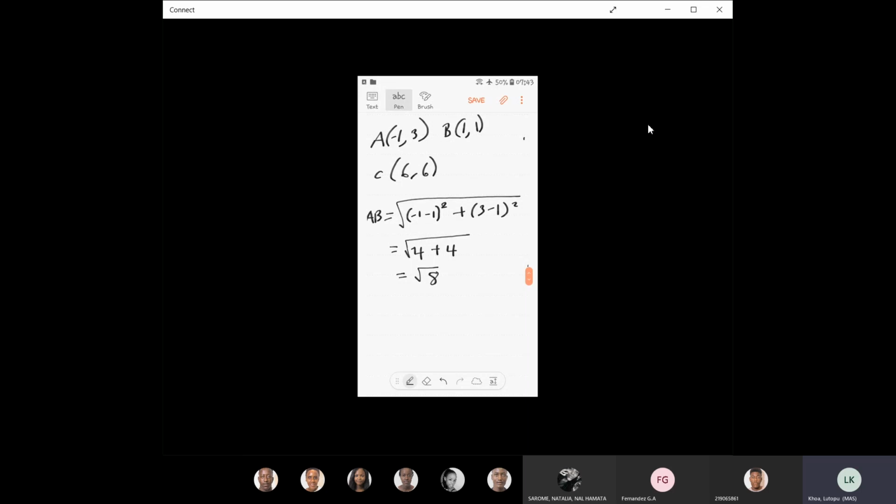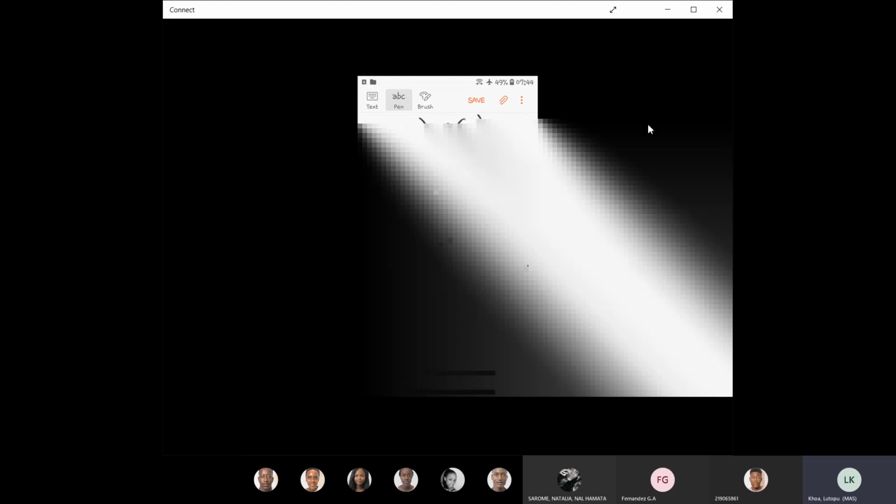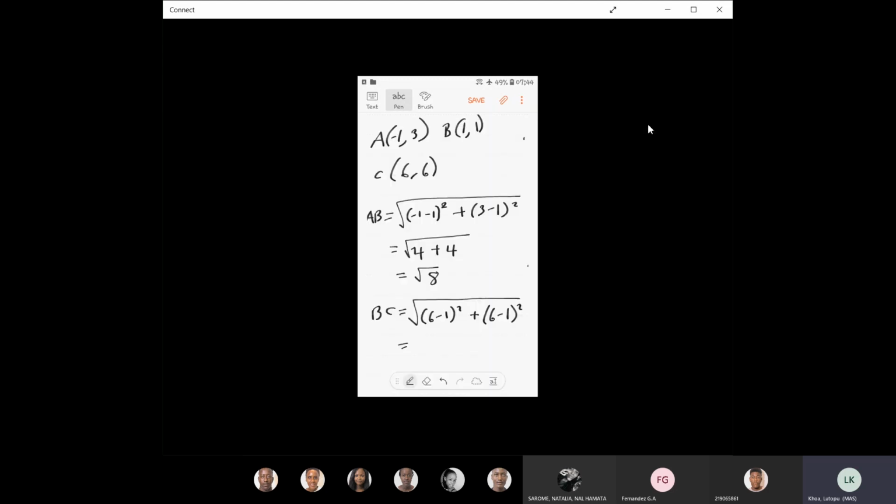Then we want BC. This is the square root of 6 minus 1 squared plus 6 minus 1 squared. Now this one you can just do on your calculator in one step.